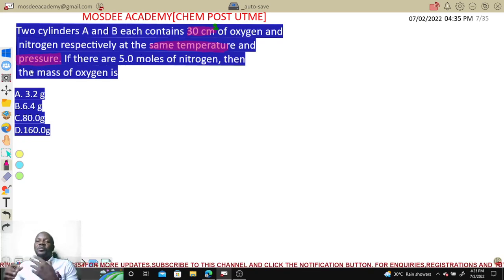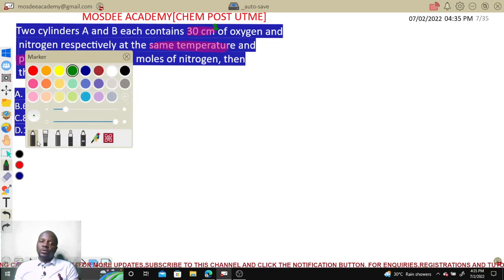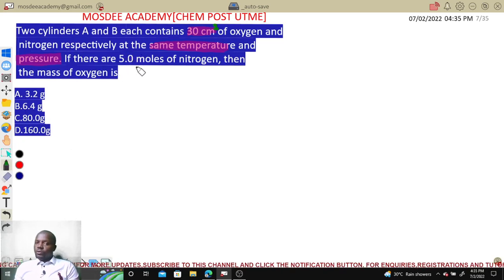Now, from Avogadro's law, you should also remember that when two gases have equal volume at the same temperature and pressure, these two gases will always contain the same number of molecules. Remember, that is the number of moles, though the number of molecules might be different from the number of moles.